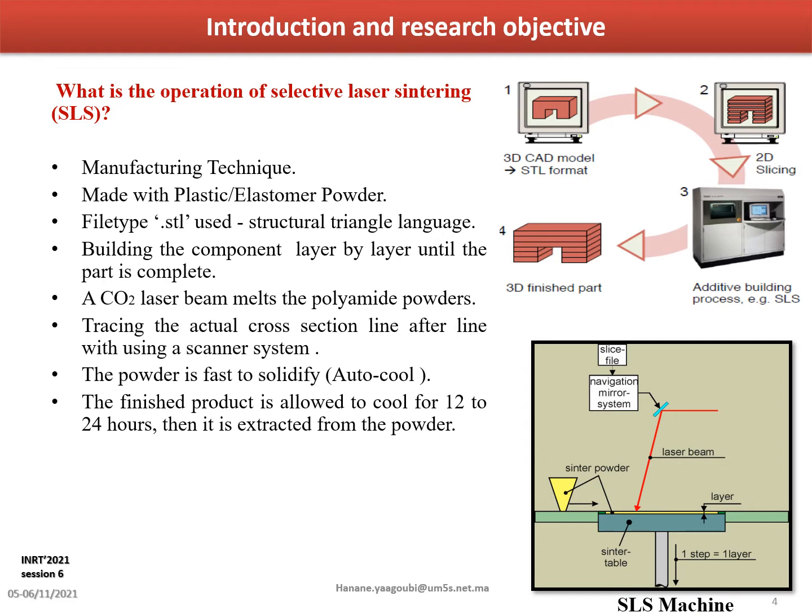A CO2 laser beam melts the polyamide powders by tracing the actual cross-section line after line using a scanner system. The powder is fast to solidify, and the finished product is allowed to cool for 12 to 24 hours, then it is extracted from the powder.